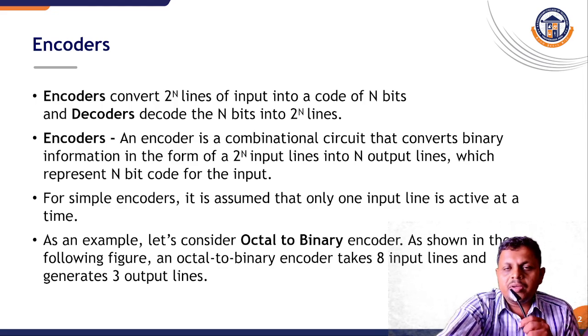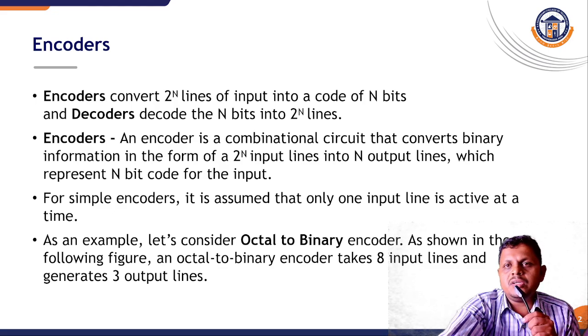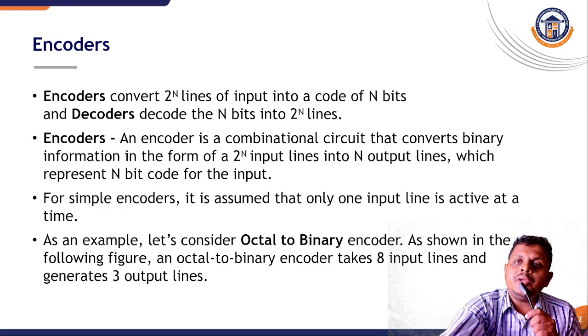It can be used for transmission and receiving of data. While transmitting data, there are many inputs, that is 2 power n lines of input, which may be different voice signals, data transmissions, and different modes of transmission. Many inputs can be coded into n bits and transformed by means of encoders.